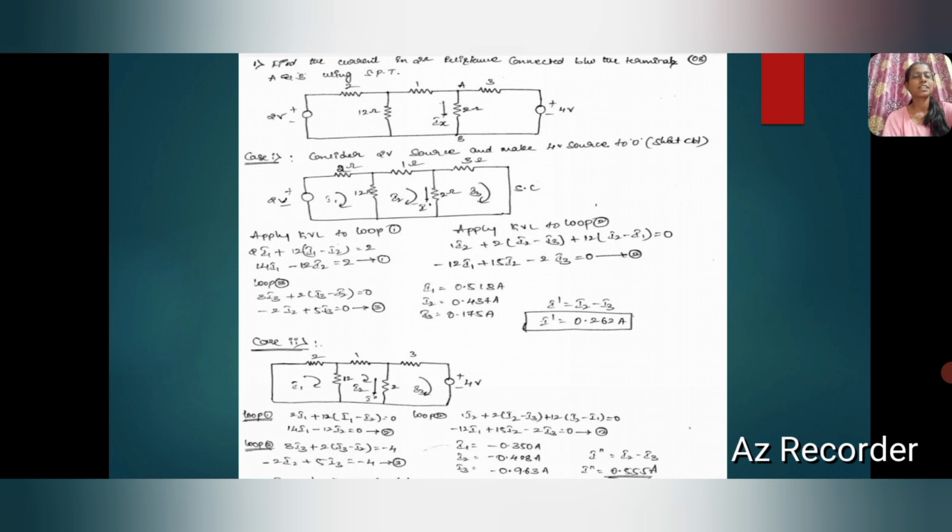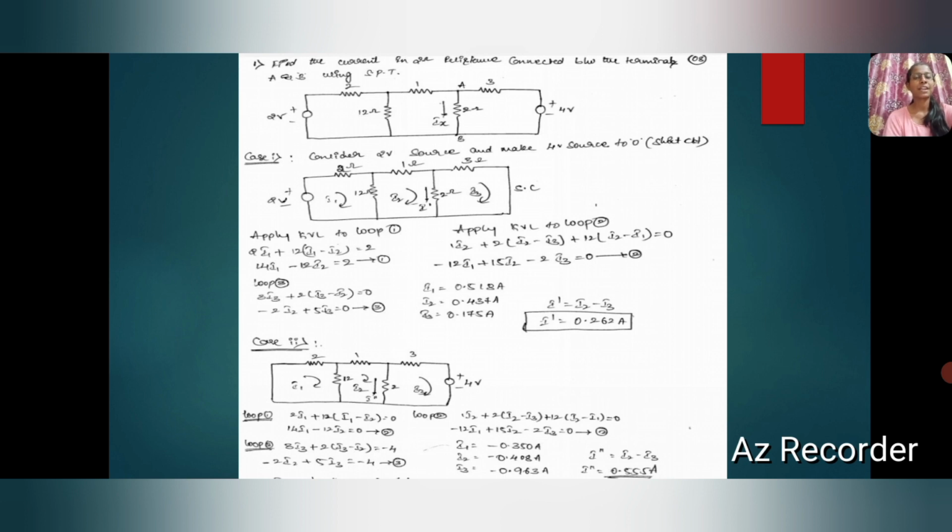This is equation 2. Now applying KVL for loop 3: 3I3 plus 2 into I3 minus I2 is equal to 0. By simplifying, we get minus 2I2 plus 5I3 is equal to 0. This is equation number 3.